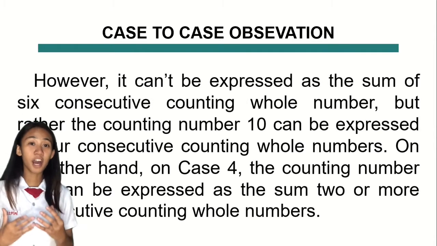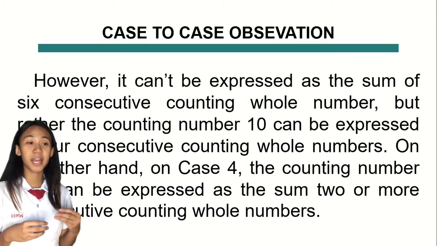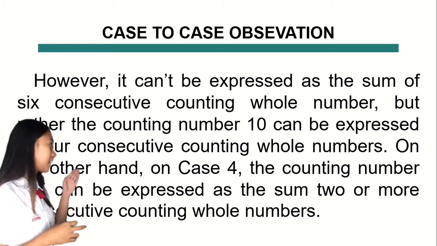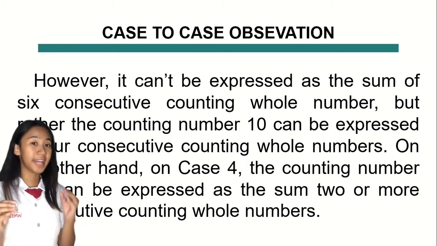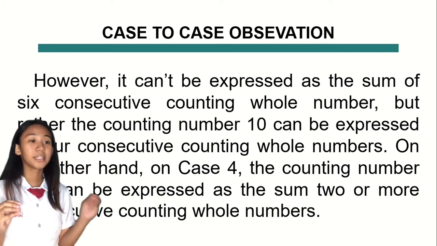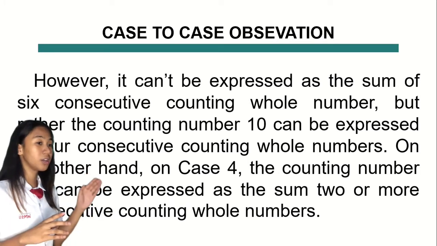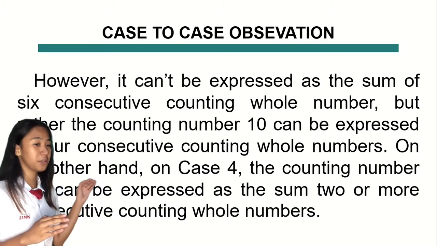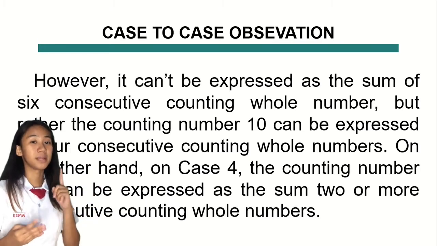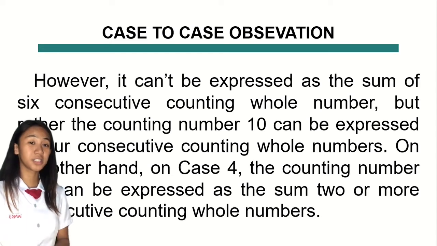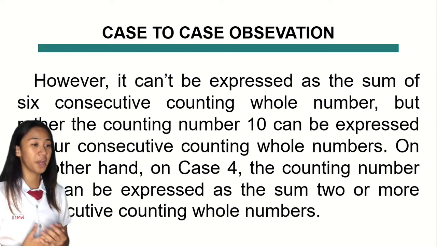However, the sum 10 cannot be expressed in 6 consecutive counting numbers, but rather the counting number 10 can be expressed in 4 terms, such as 1 plus 2 plus 3 plus 4. It has its first term, which is our x, which is 1.